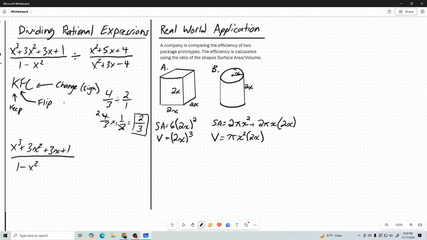And then, of course, it's divided by this, right? So what we're going to do is change the sign to multiply, and then flip it. So this is instead going to be x squared plus 3x minus 4 over x squared plus 5x plus 4. All right, cool. So far, so good.